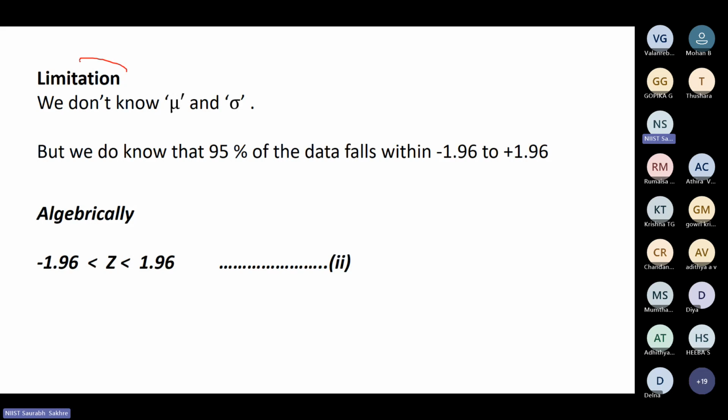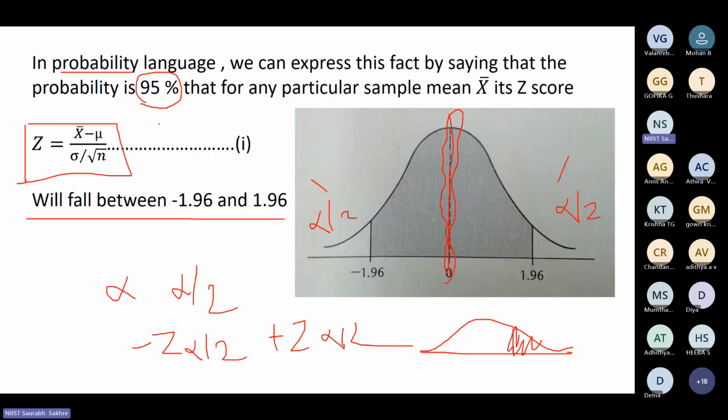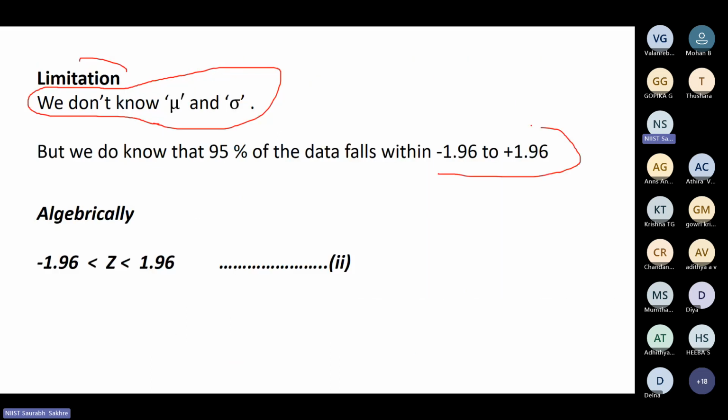I am talking about percentages, but here we don't know mu and sigma, right? Neither do I know the population mean, nor the population standard deviation. But we do know that whatever it may be, my 95% data will be between minus 1.96 and plus 1.96. That is the beauty of statistics.